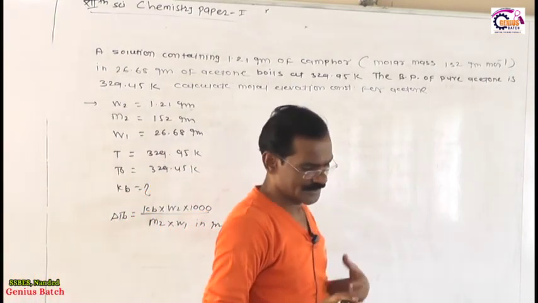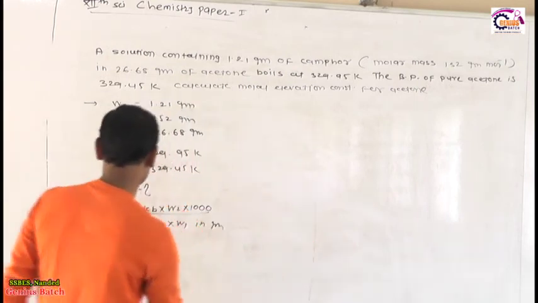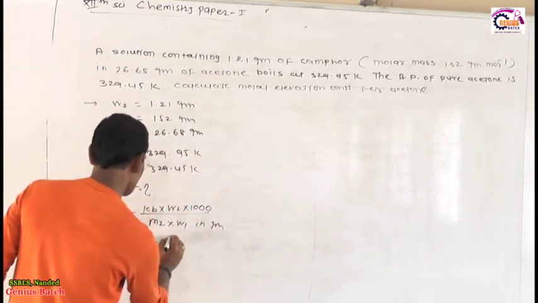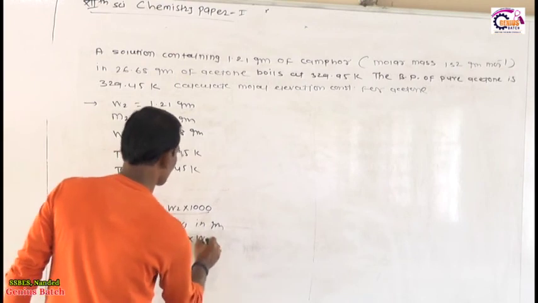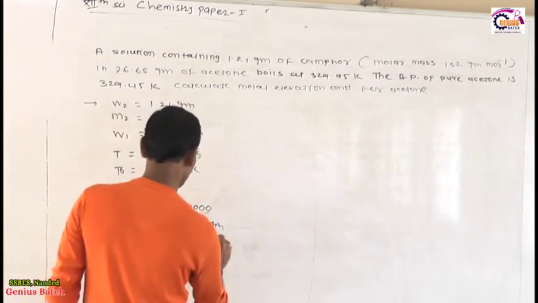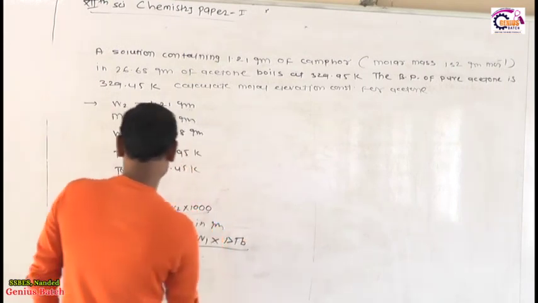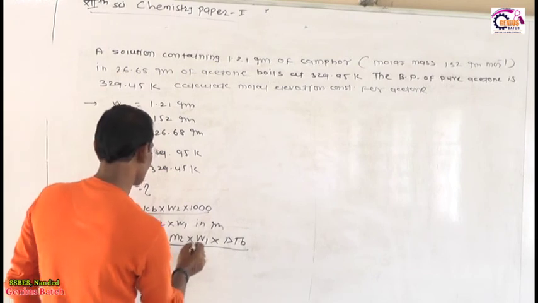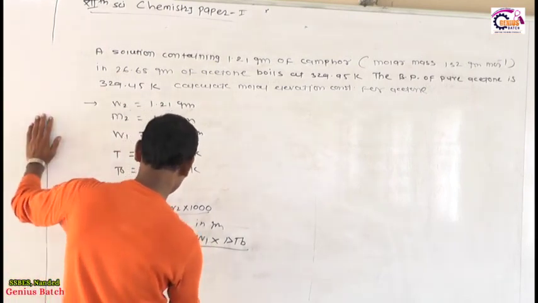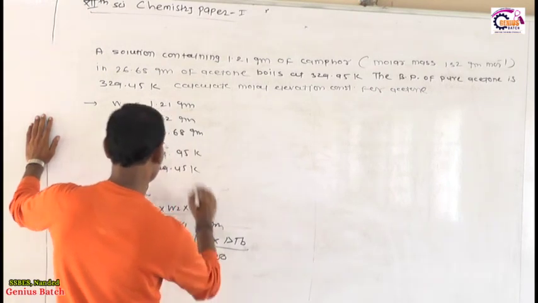Rearrange this formula in terms of Kb. Therefore Kb is equal to M2 into W1 into delta Tb, divided by W2 into 1000, if we take W1 in gram.